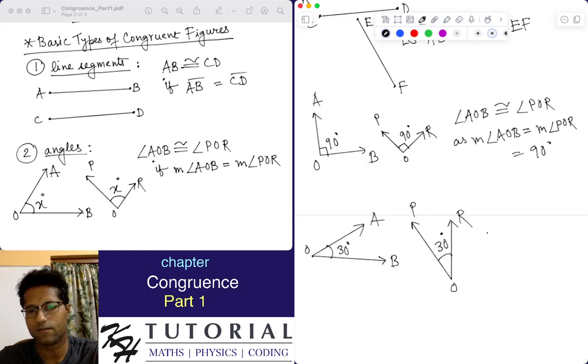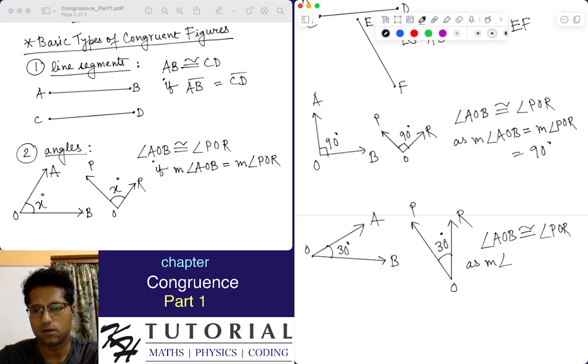So we will have angle AOB congruent to angle POR, as the measure of angle AOB is equal to 30 degrees, and the measure of angle POR is also 30 degrees.